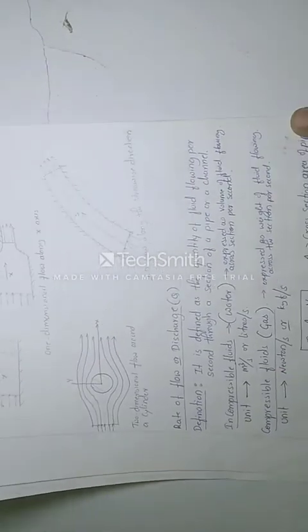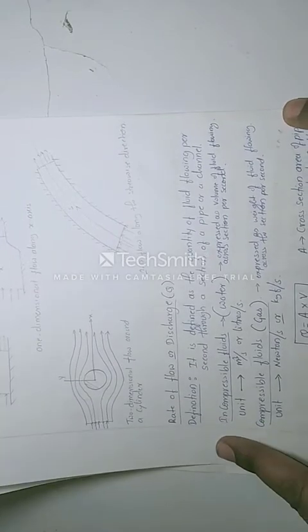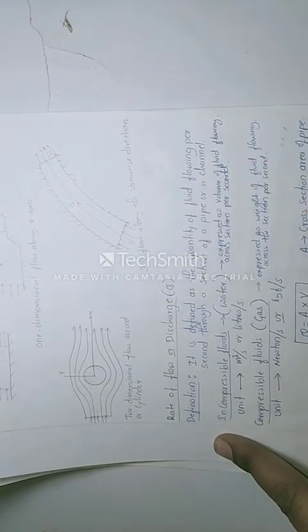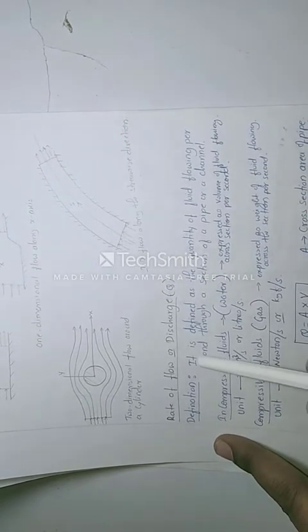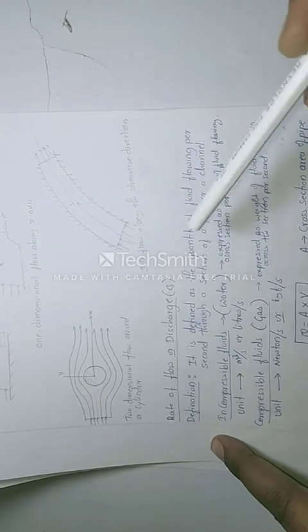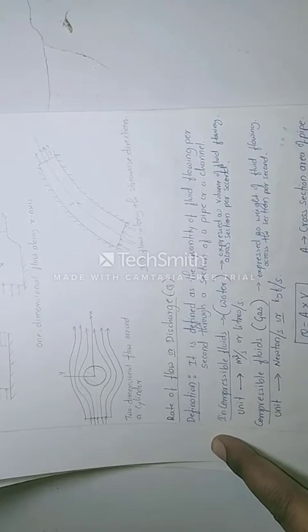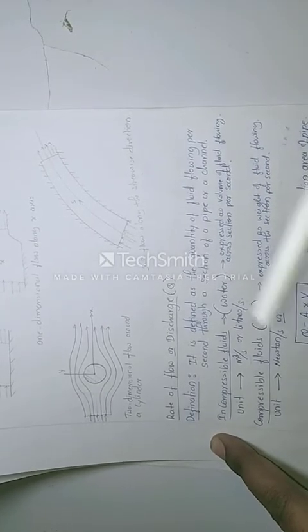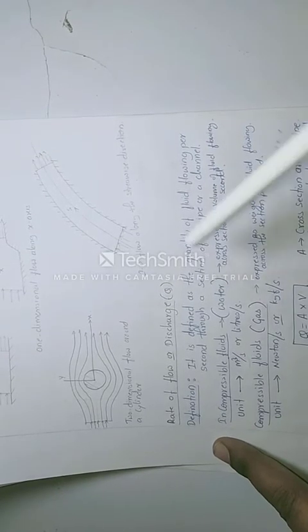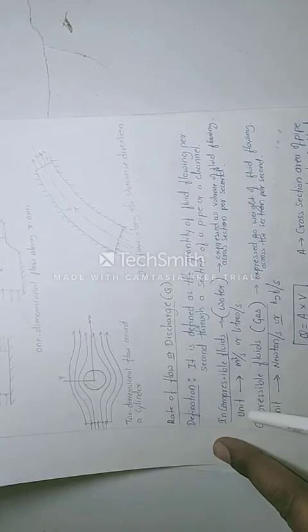The next important term that we need to understand is rate of flow or discharge. What is rate of flow or discharge? It is defined as the quantity of fluid flowing per second through a section of pipe or channel. You already know the definition of discharge, but I would like to give more details with respect to liquids and gases. We need to know the units. If you are considering a liquid, the unit of discharge is meter cube per second or liters per second.